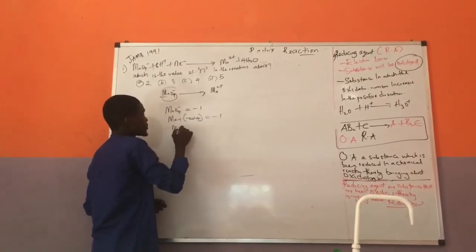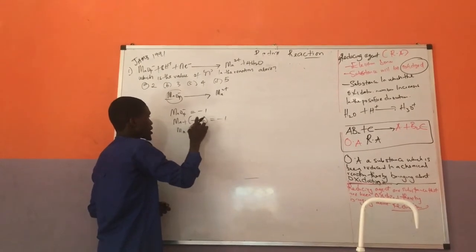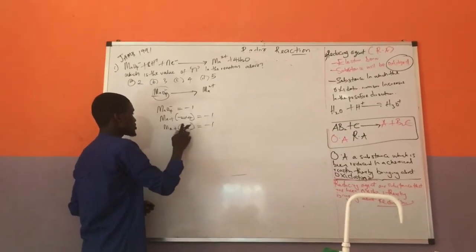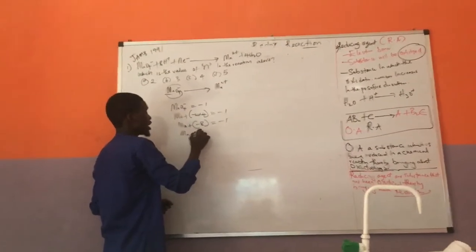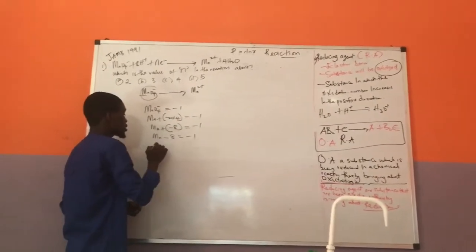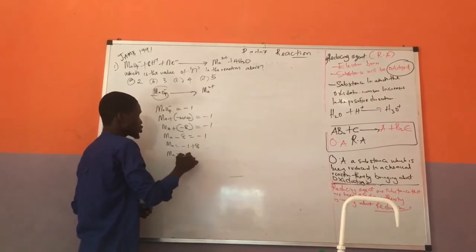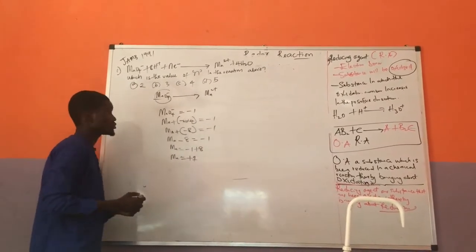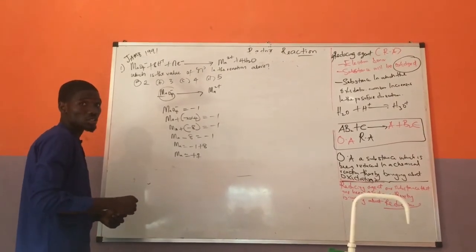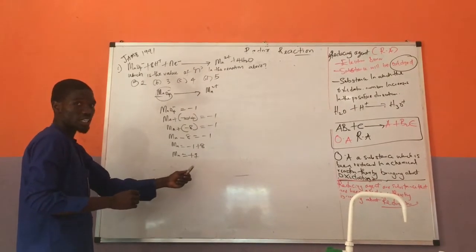So Mn plus 2 times 4, that is minus 8, is equal to minus 1. Taking this minus 8 to the other side, I have a positive sign. So Mn is equal to minus 1 plus 8. So my Mn will give us plus 7. This charge we have here does not determine that we have the answer, but it serves as a clue to that answer.